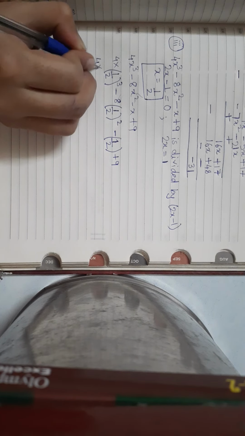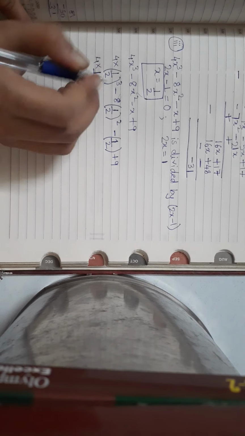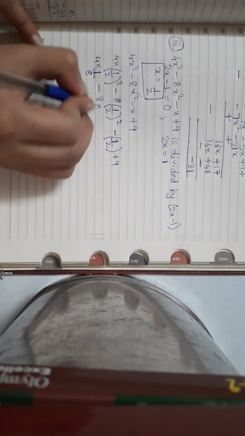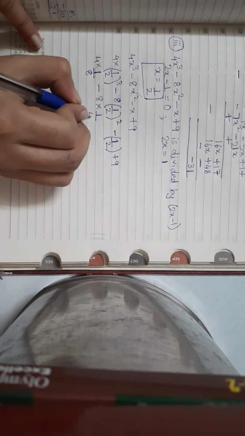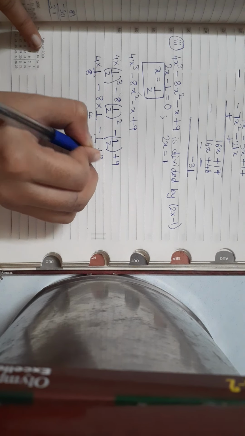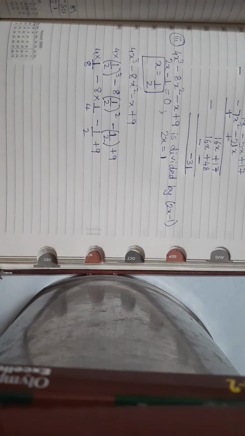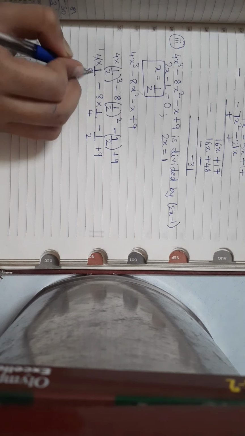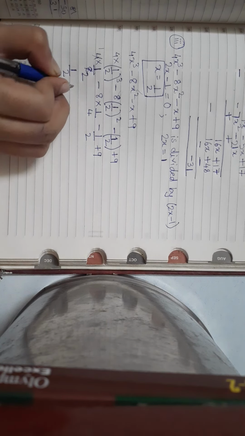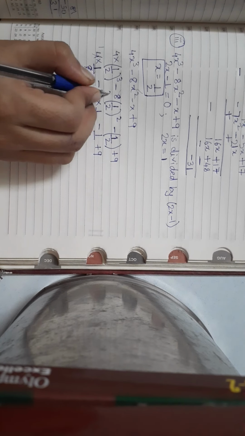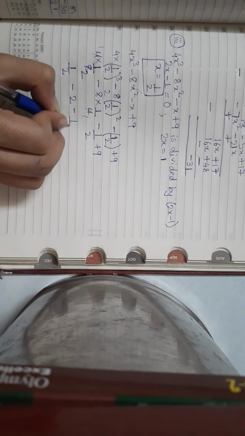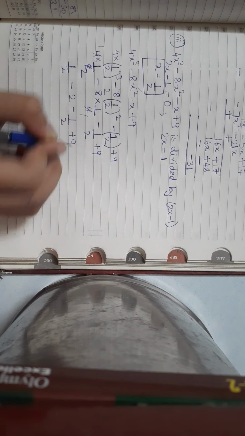Now 4 into 1 cube is 1, 2 cube is 8, 1 square is 1, 2 square is 4. Now here 4 1s are 4, 4 2s are 8, directly we can cancel. This becomes half minus, this again becomes 2, this again becomes half plus 9.